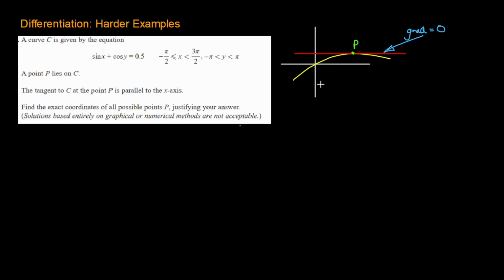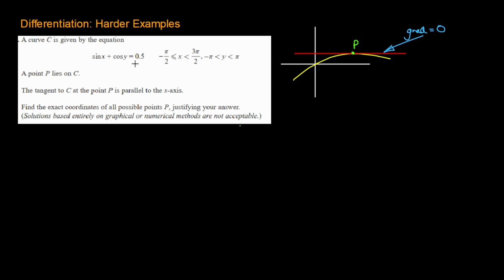My diagram is just showing one point of P, but the curve clearly repeats, so you will get another point of P, where you get another tangent whose gradient is also 0. So let's find out where this first point P is and then work out where P is repeated.